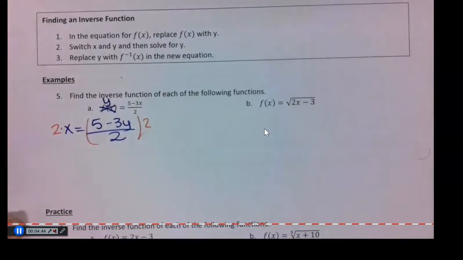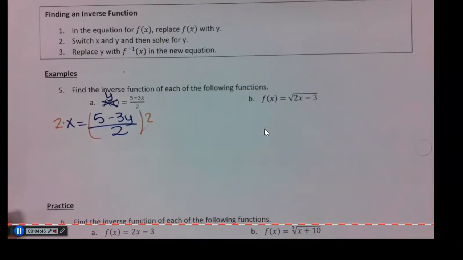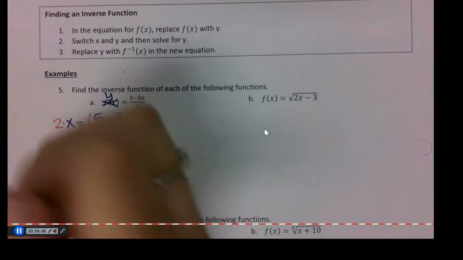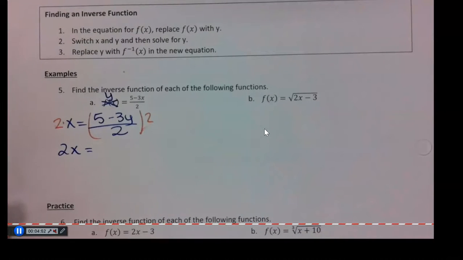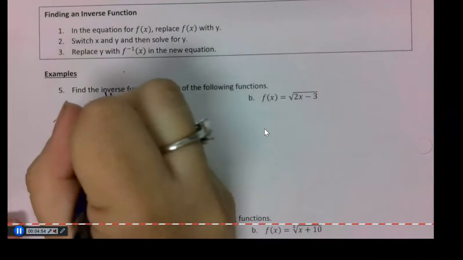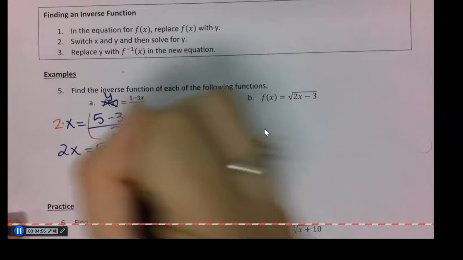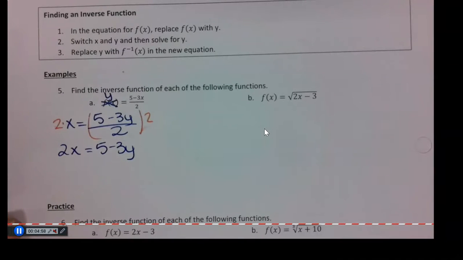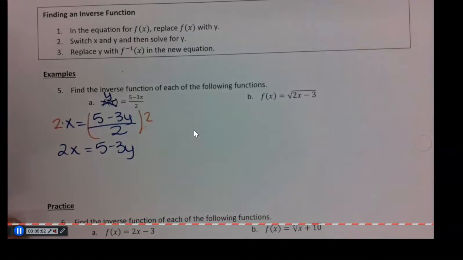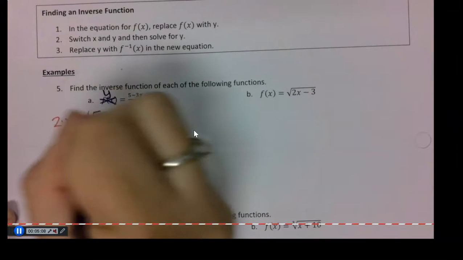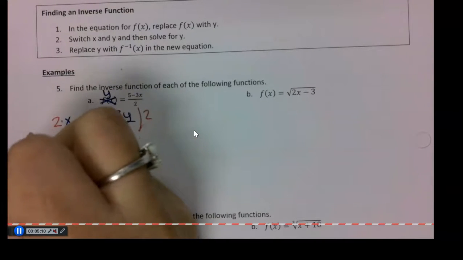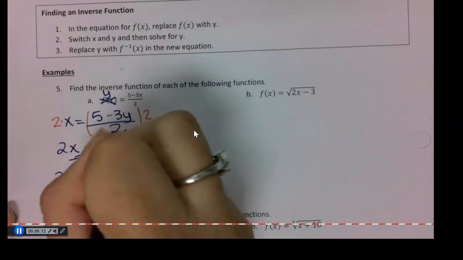Okay, so I want to multiply both sides by 2, which will give me 2x on my left. What do I get on my right? 5 minus 3y. And then, what do I want to do next to get y alone? So then I have 2x minus 5 equals 3y.